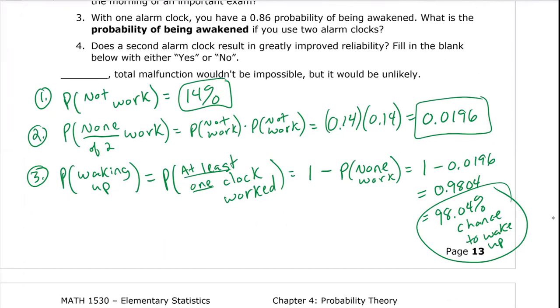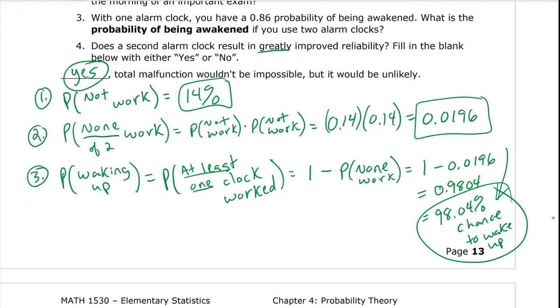Does it increase your reliability of waking up when you have 2 clocks? Does it greatly do it? Are the results greatly improved? Yes, definitely greatly improved reliability. It's still not likely to not wake up, but there is a chance for it to happen.